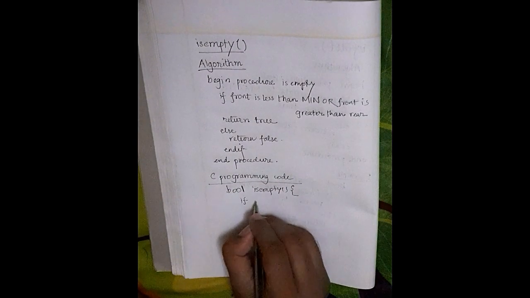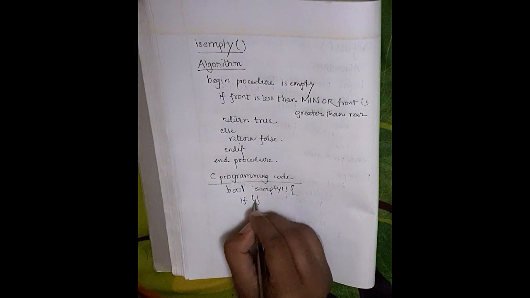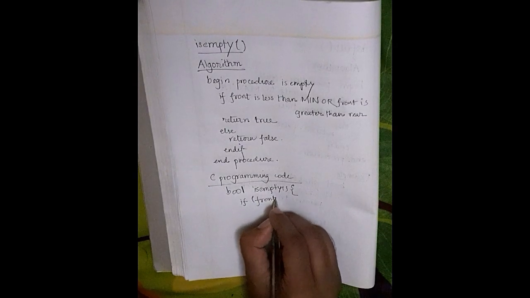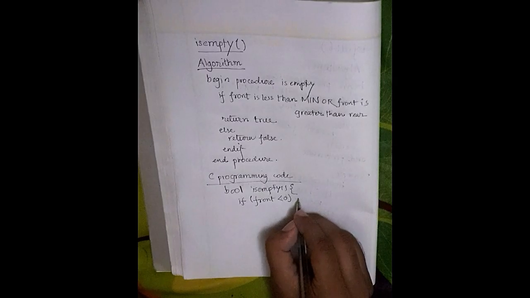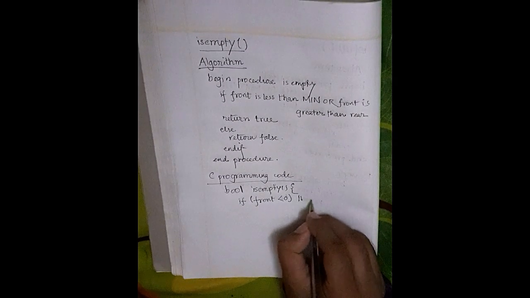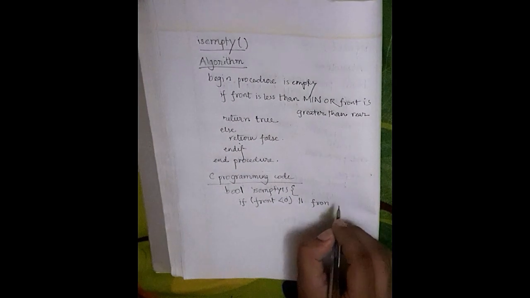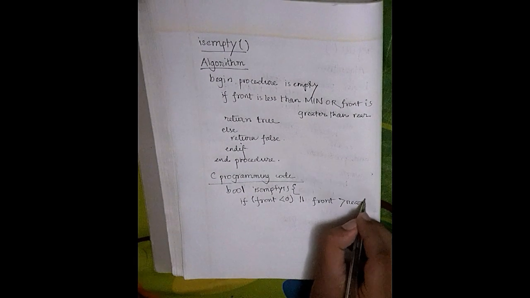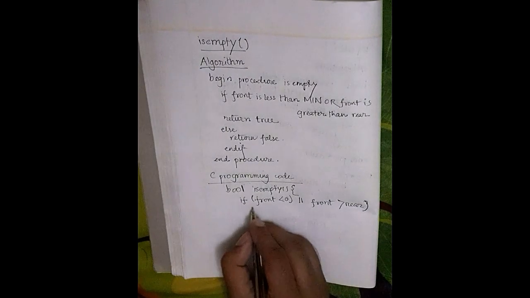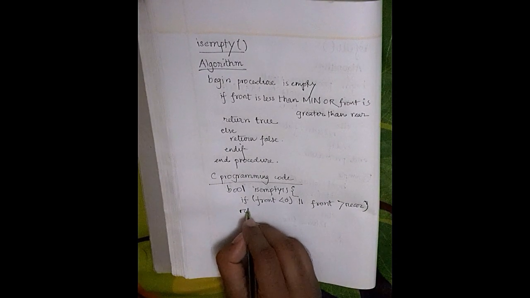If front is less than 0 or front is greater than rear, then true should be returned.